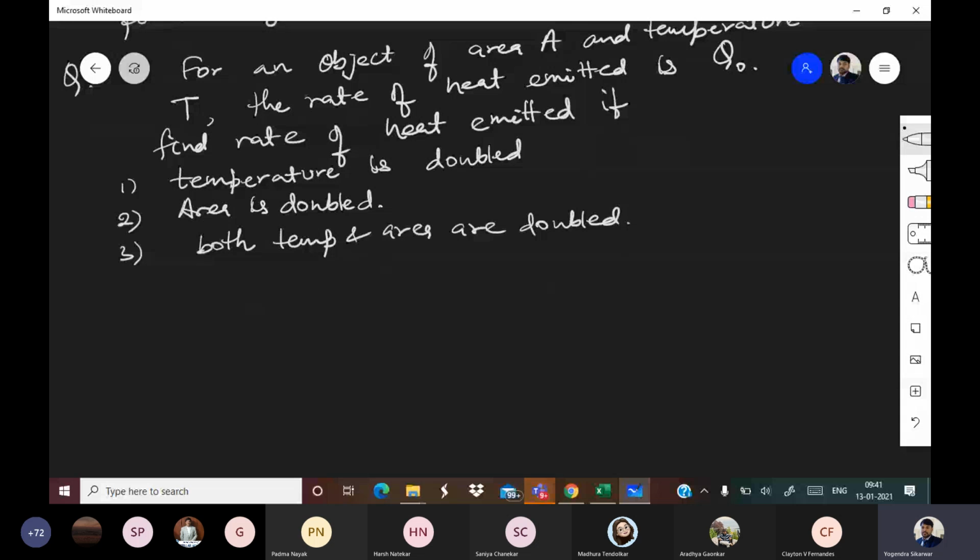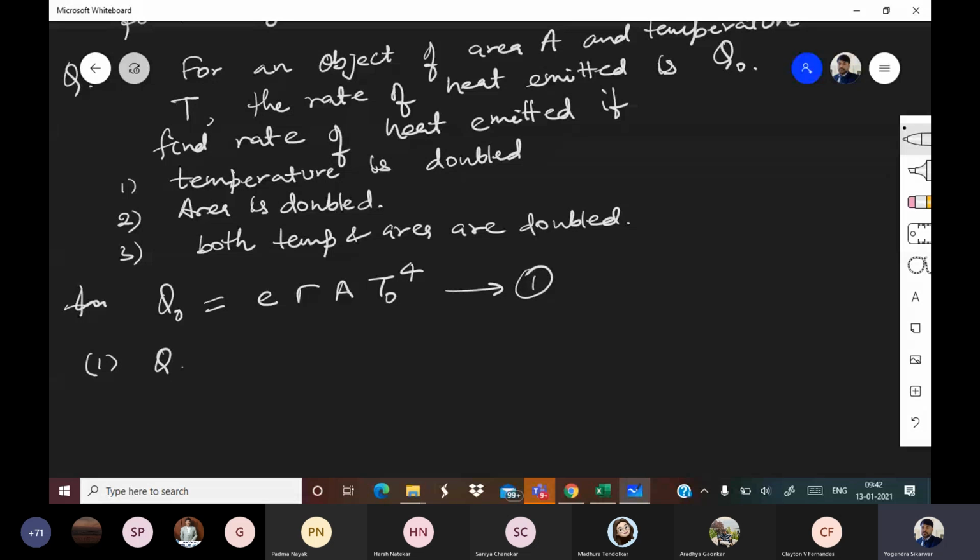So pay attention. There is an object of area A and temperature T. Q naught is equal to e, we don't know which substance it is, into sigma into A into T naught to the power 4. This is equation 1. Now, first part, temperature is doubled.